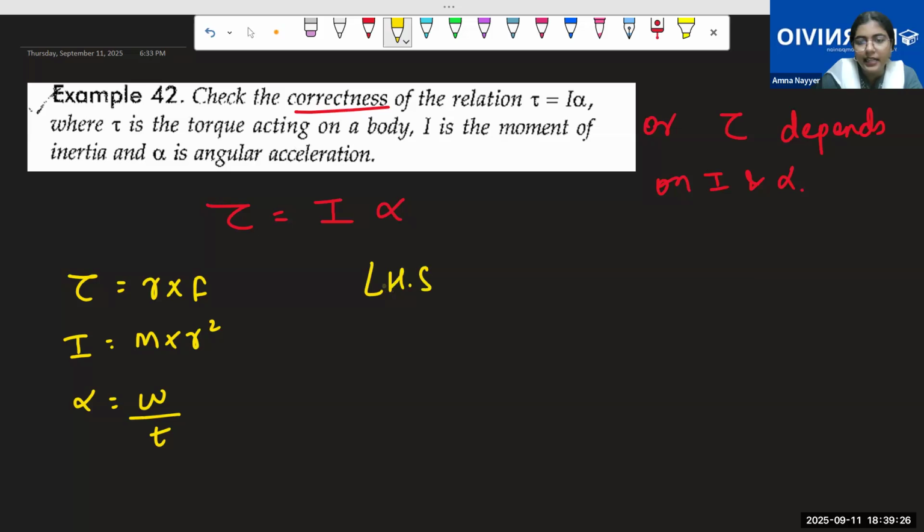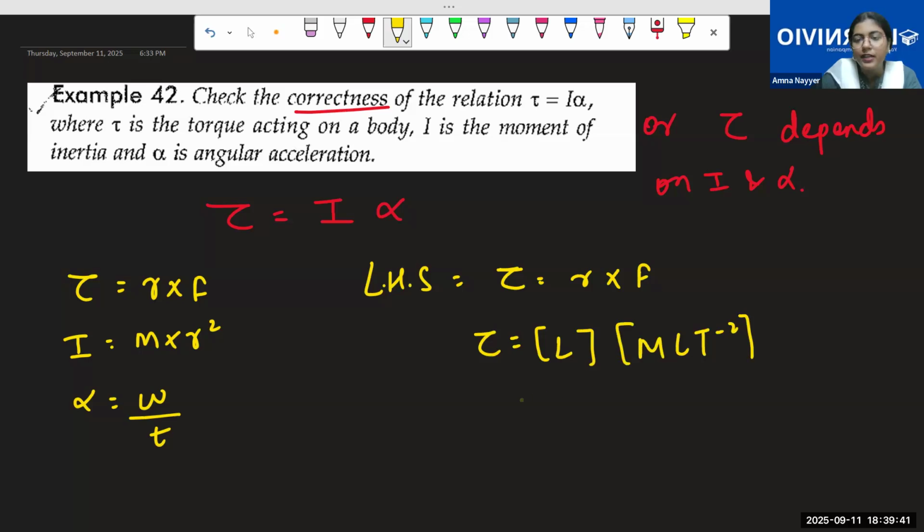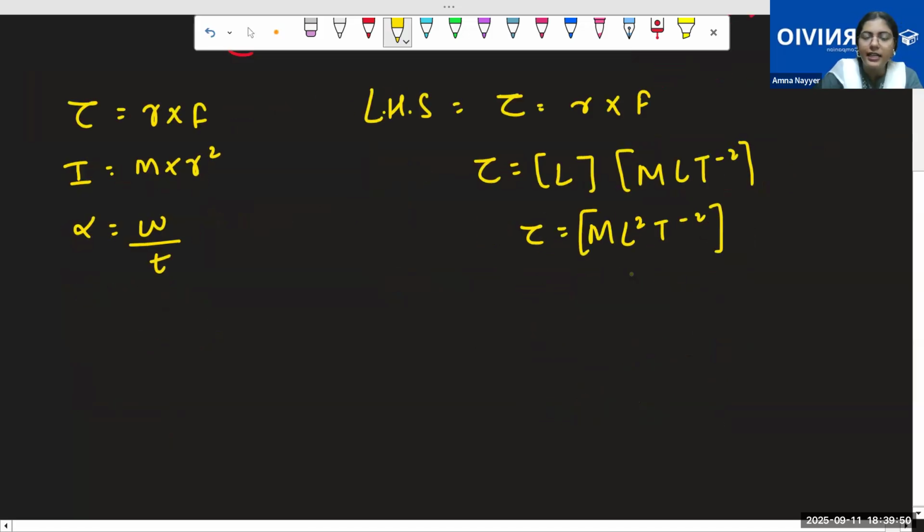So on the left hand side, let's say we have torque, and torque is radius into force. Now the radius dimension is length L, and the force's dimension is MLT to the power minus 2. So in short, we get ML square T to the power minus 2. Now let's come to the RHS, that is I into alpha.